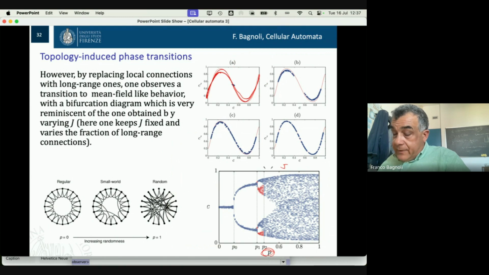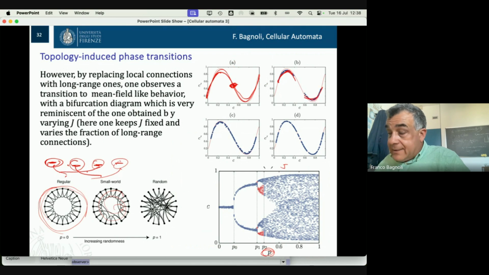When you have a regular lattice, the superposition of uncorrelated oscillation in several pieces of your system gives essentially 1/2. When you start rewiring, you start to have correlations, spatial correlations in the system, and the system tends to synchronize, this time in the sense of being the same on all the lattice, and so they start to oscillate coherently.